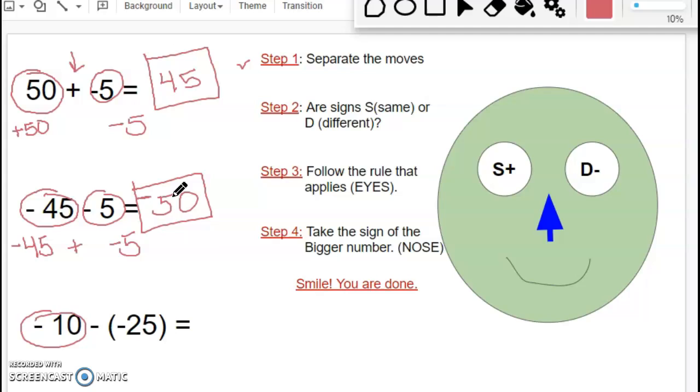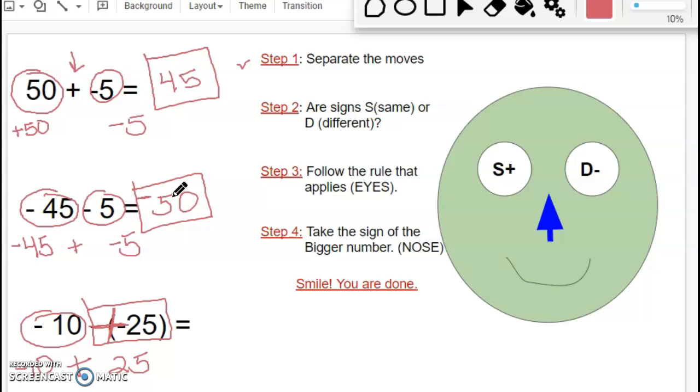And let's try one more. First we have a negative 10, followed by, now I have this, a double negative. So remember, this means the opposite of negative 25, which is positive 25. If you remember, we spoke about when you have a double negative and two negatives are next to each other, we can turn it into one big plus sign. Okay, so now, are the signs the same or different?